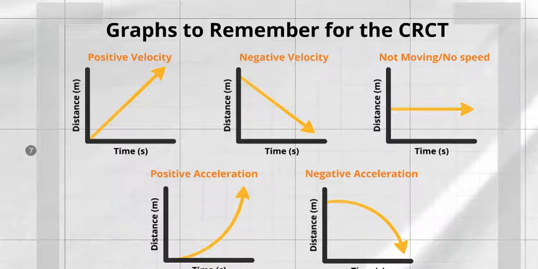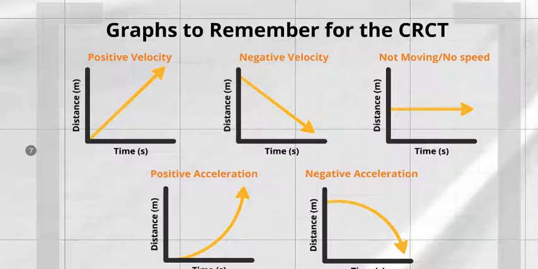Not moving is interesting: when we are not changing a distance, meaning that we're staying in the exact same position for a very long time, that means we're not moving. There's no speed. We're not moving 5 feet, we're not moving 10 feet. We're actually staying at the same distance. So a straight line across is showing that we're not moving.